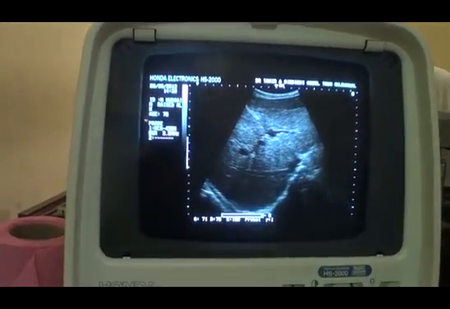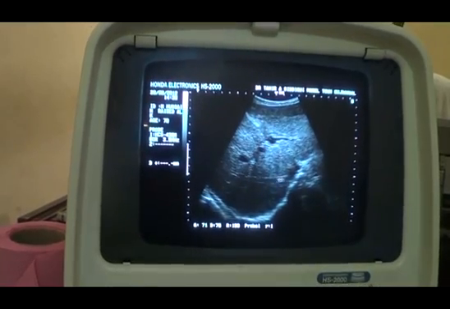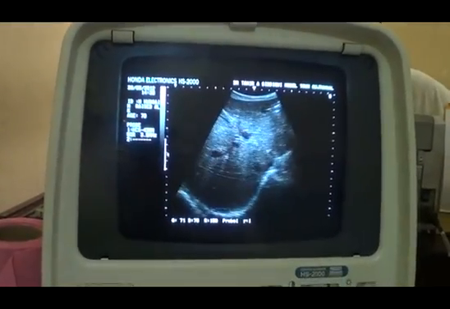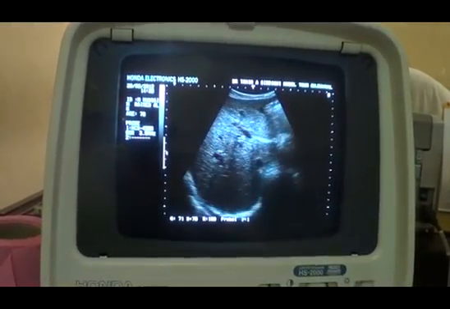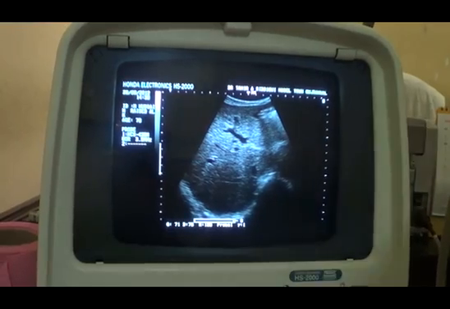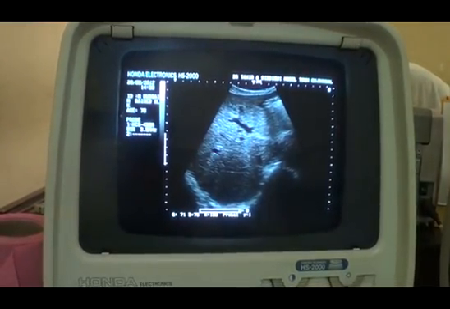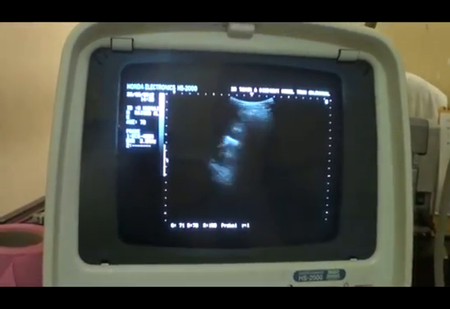This is the right hepatic vein entering the IVC. The IVC is not dilated. In Budd-Chiari syndrome, you will see that the IVC and the hepatic veins will be obscured.